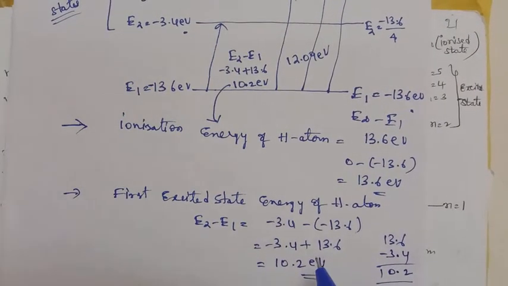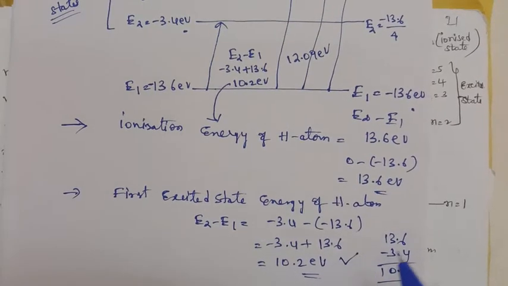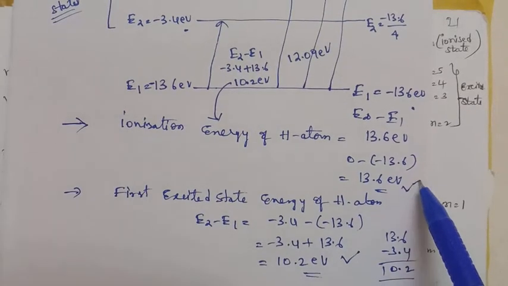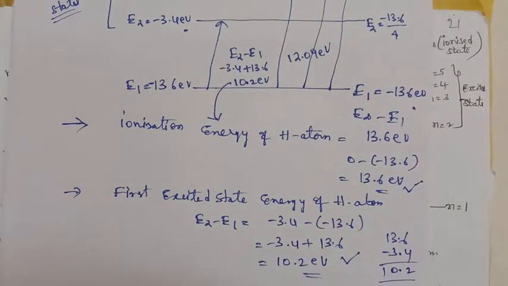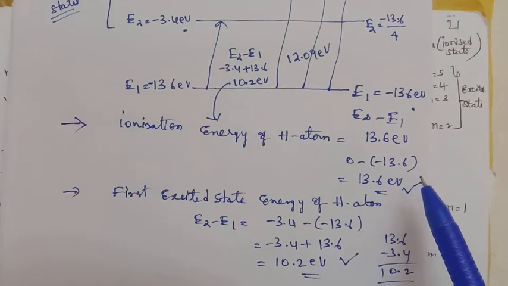So what is the excited state energy of the hydrogen atom? It is 10.2. What is the ionization energy of the hydrogen atom? 13.6 electron volts. So which energy is greater, ionization energy or excited state energy? Ionization energy is greater, because here you have to remove the electron from its orbit.